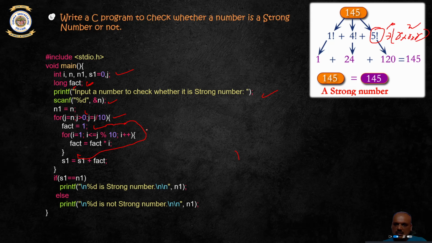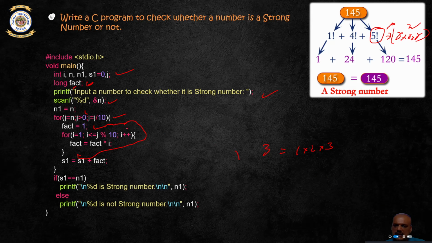Okay, so that is how a factorial is calculated. How do you calculate factorial? Factorial of 3 is 1 into 2 into 3, so that's how factorial gets calculated.